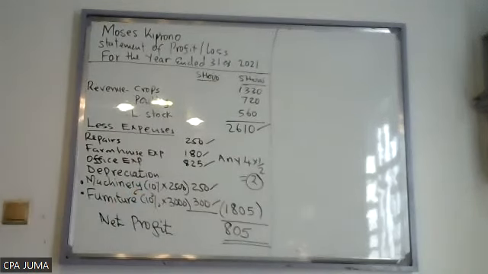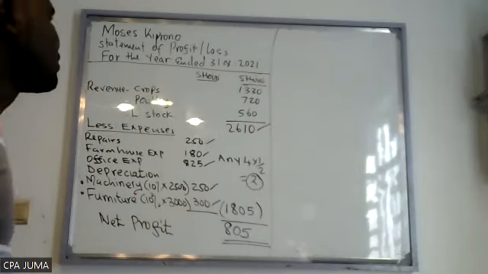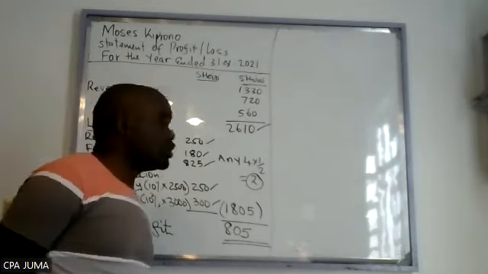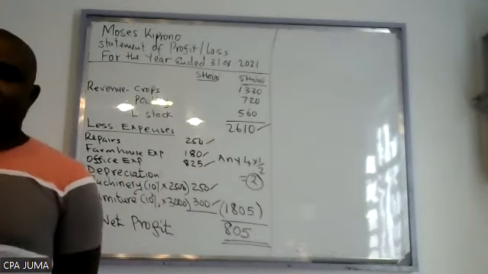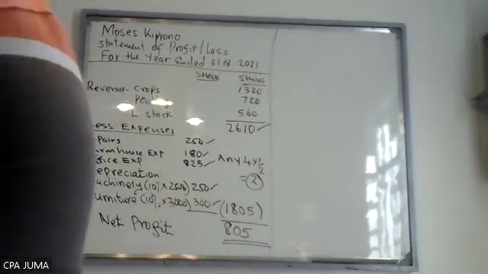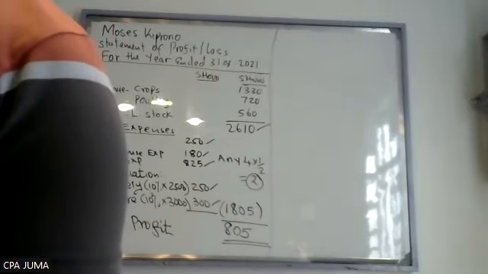There are 6, but if you get any 4 correct entries, you get the 2 marks. So it means whatever you get times a half. If there is no other concern, let's go to the balance sheet. Then we will be done by that.